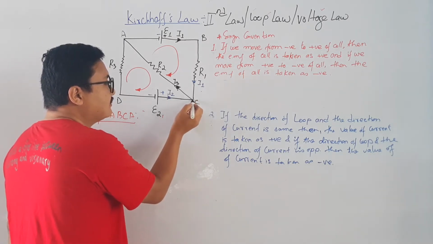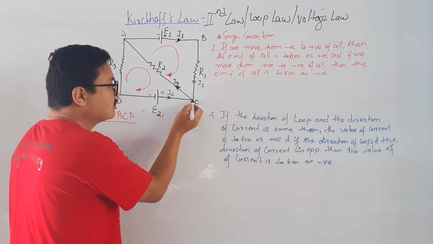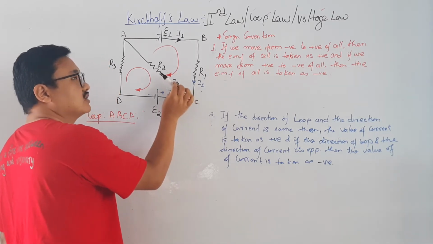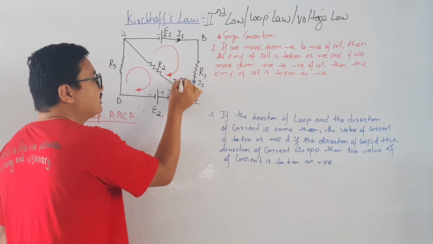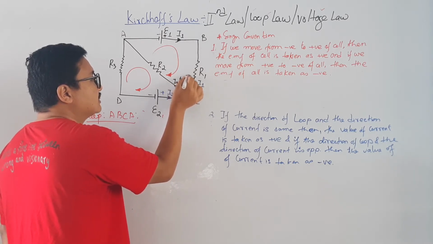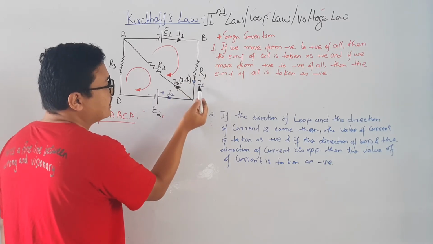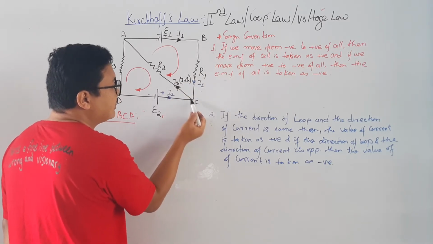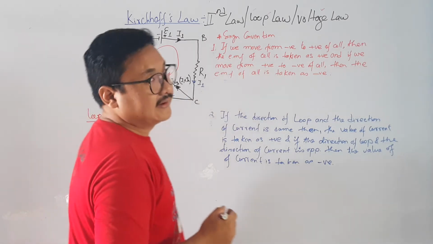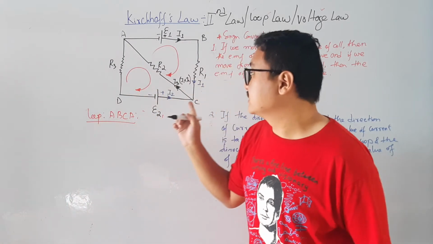All the currents coming into this junction should equal the sum of all the currents going away from it. So I3 should be I1 plus I2, because I1 is coming, I2 is coming, and I3 is going. So these are the directions of current.